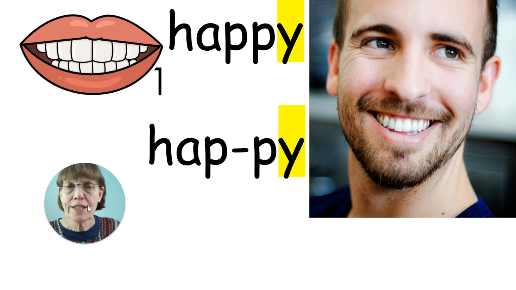But some key words are happy. So at the end of big words Y says E. So happy. This is a 2-syllable word because we have 2 vowels.